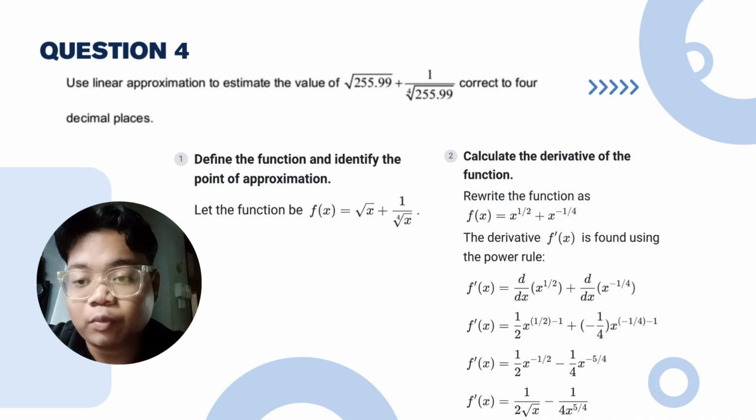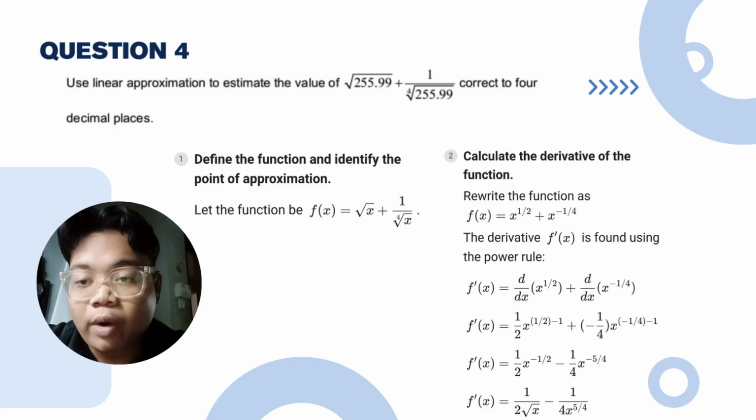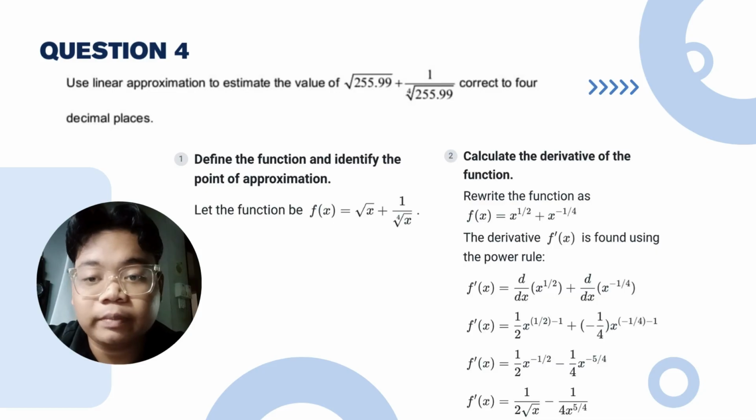For the explanation, step 1 is to define the function and identify the point of approximation, where the function is f(s) equals square root of s plus 1 over the fourth root of s.